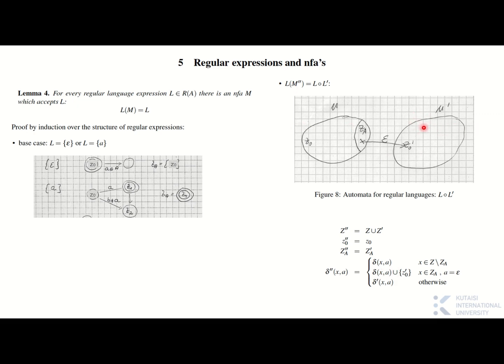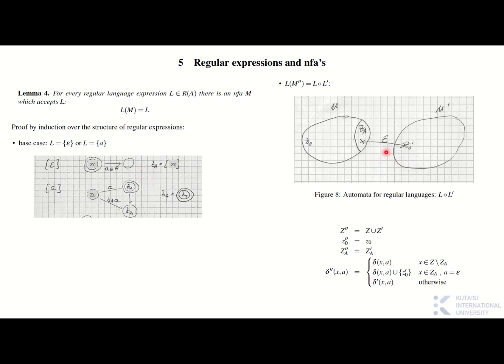We did this last time, that's why I go fast. This proves that if you have a machine for language L and a machine for language L prime, you build the concatenation machine with epsilon moves. This was the whole point why we came up with epsilon moves to begin with, to build these things easily and not work with DFAs, which would have been much more complicated.